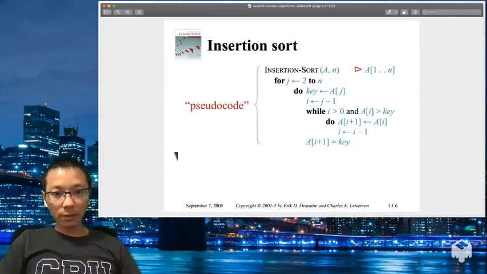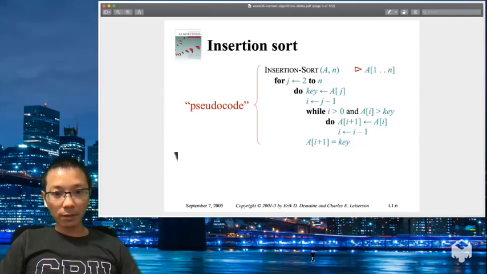The J index is the outer loop, and this J index is essentially the card we just drew from the deck, okay? So you start from the left side, determining where to insert J, the card you just drew, into the cards that are already sorted in your left hand. I want to use that analogy so you can picture it.